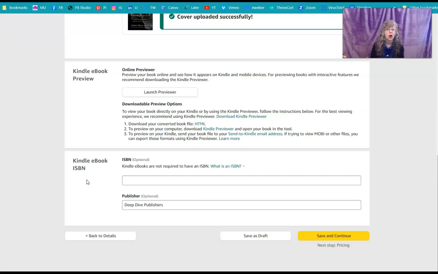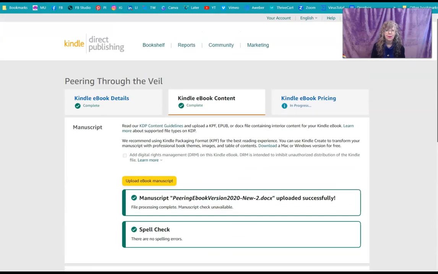So if you went into hardback, it also would need its own unique ISBN. But on Amazon, Amazon doesn't care, so you don't need an ISBN. Yay! You get to save some money. Okay. All right, so we're going to go up and go to page, the final piece of this whole puzzle.